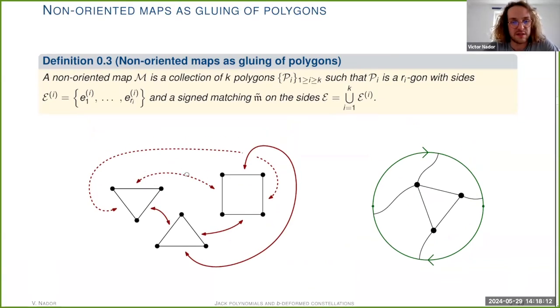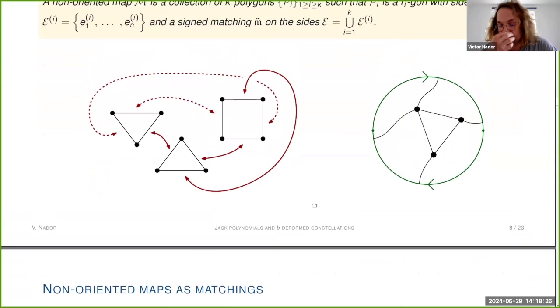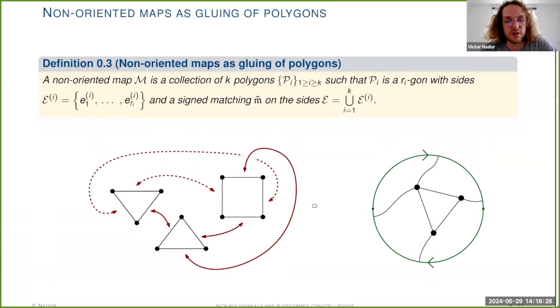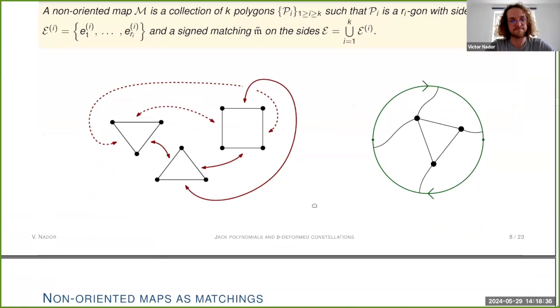So this construction pattern is not unique. For example, if you were to reverse all of the arrows, the dashed and non-dashed arrows, you would end up with the same map. But essentially, this construction behaves very similarly to the orientable case.